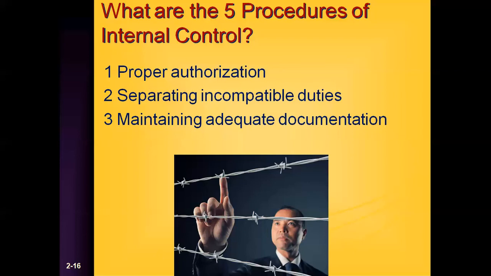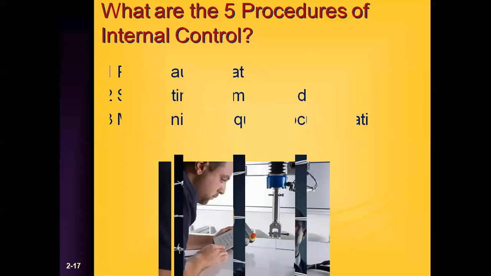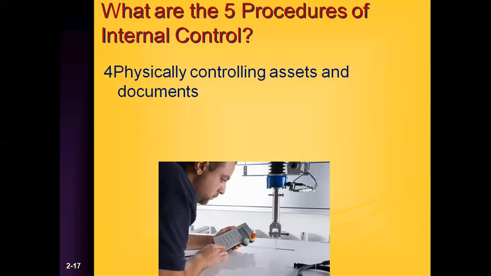The third is maintaining adequate documentation. If you want to have appropriate internal controls, you have to have good records, and that's what adequate documentation is. And then the fourth procedure is physically controlling assets and documents.